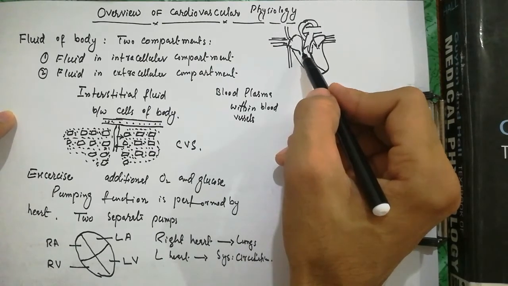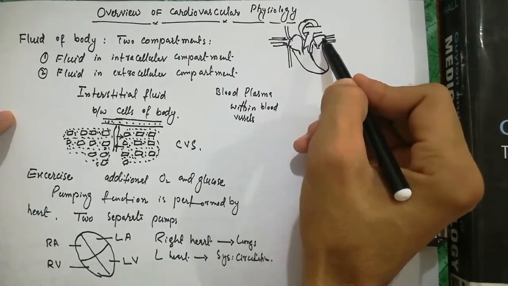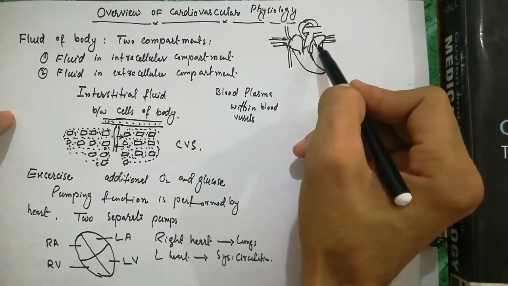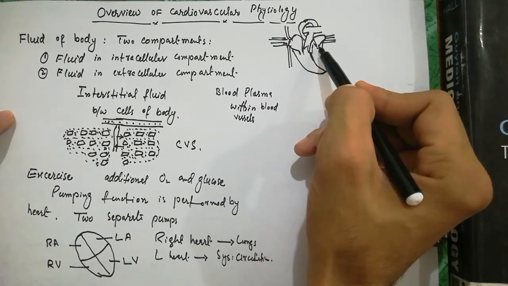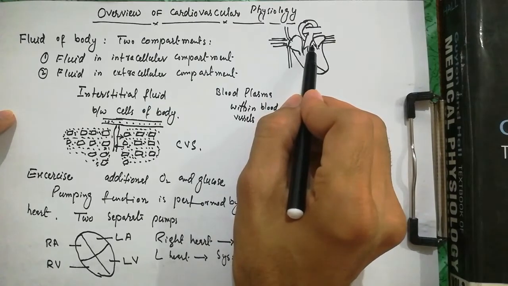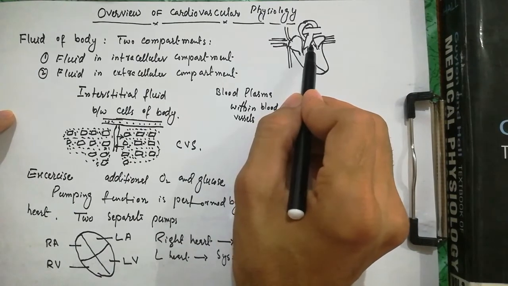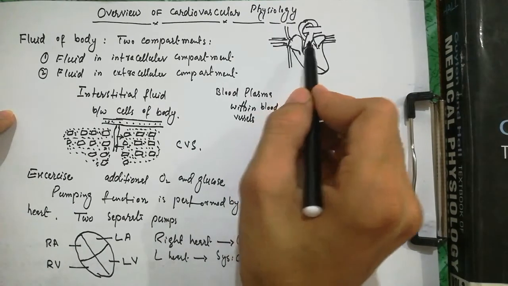This is called tricuspid because this right atrioventricular valve contains three cusps or three leaflets. This is left atrium, this is left ventricle, and this is the left atrioventricular valve or bicuspid valve, and this is the aortic valve. This is the outflow of the left ventricle, and from here the aorta originates.